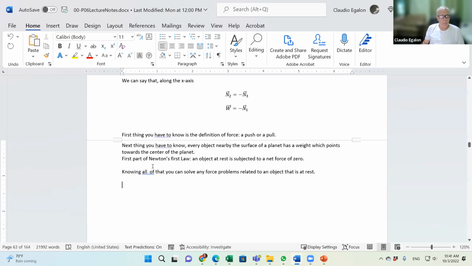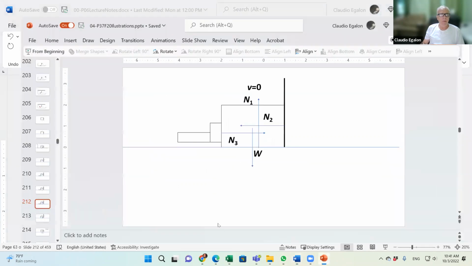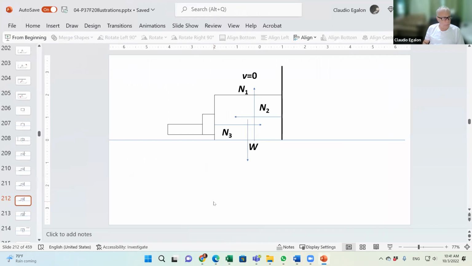Okay. So those are the important pieces of information here. What else do we have here? Let's see here. One more thing, right, that I didn't mention.